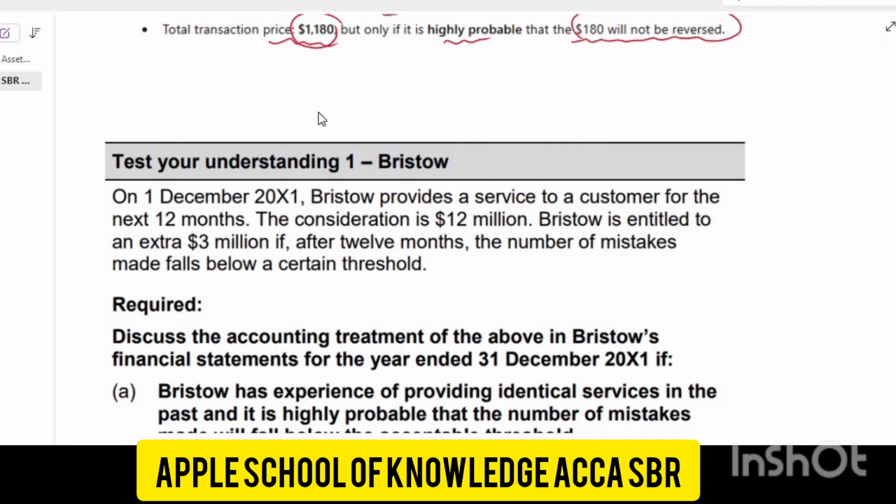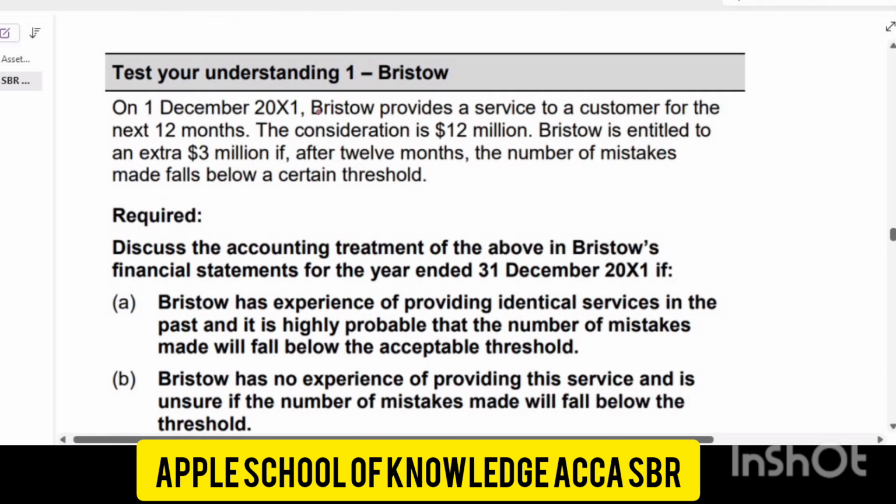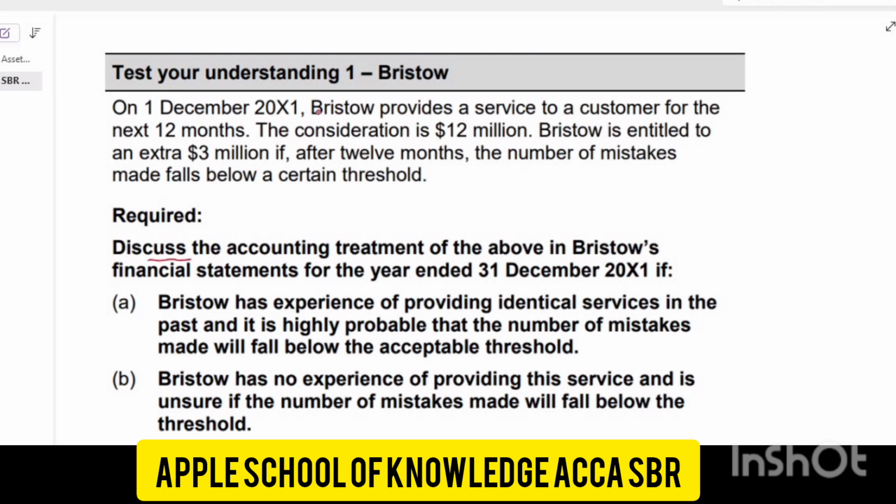You see here first the requirement: discuss the accounting treatment of the above in Bristow's financial statements for the year ended 31st December 2001.